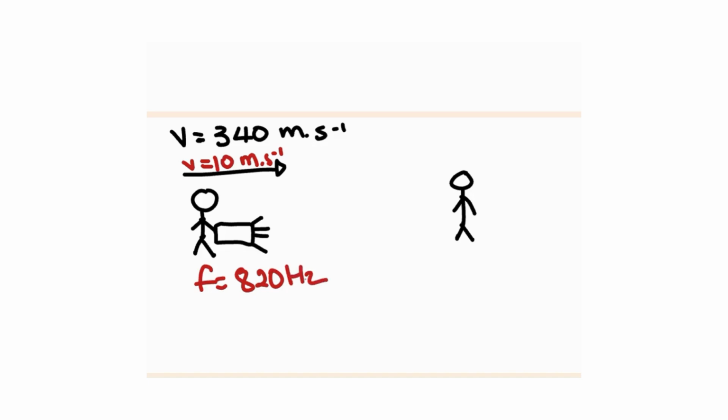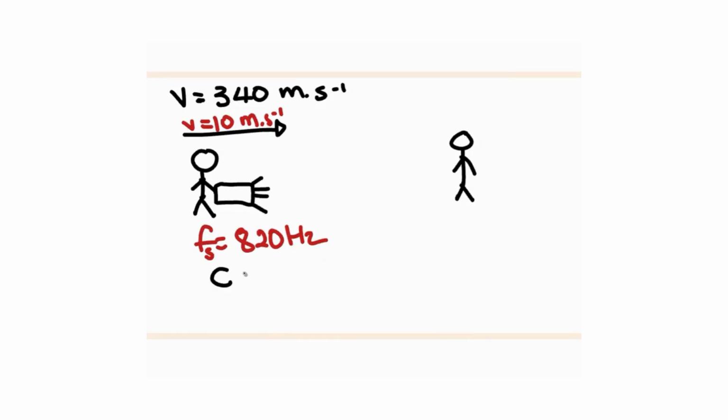So this is the frequency of the source, the frequency that your friend's speaker emits. It is 820 hertz.